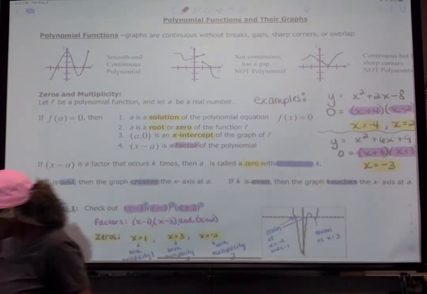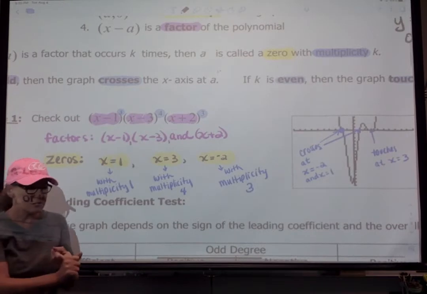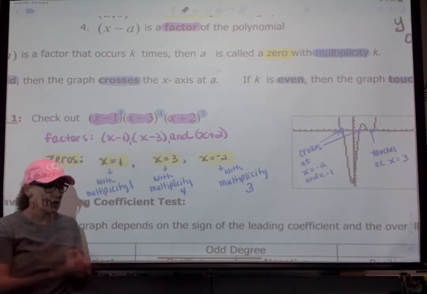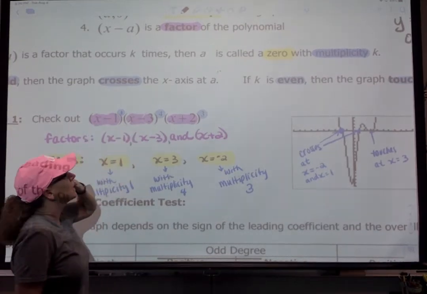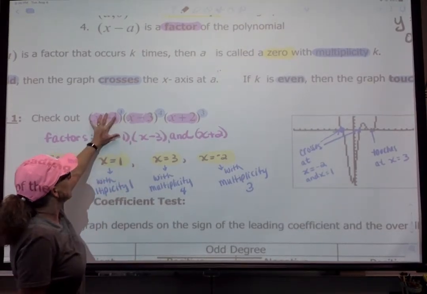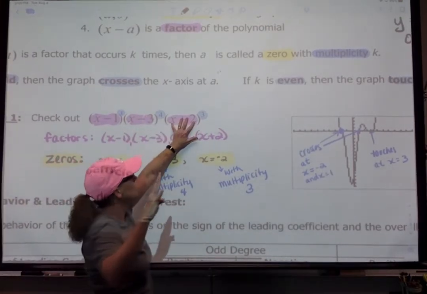Okay, let's put it all together. I went with the same colors. Yellow for zeros, pink for factors, blue for multiplicity. Check out this polynomial. I've got this binomial occurs once, this binomial occurs 4 times, and this one 3 times.